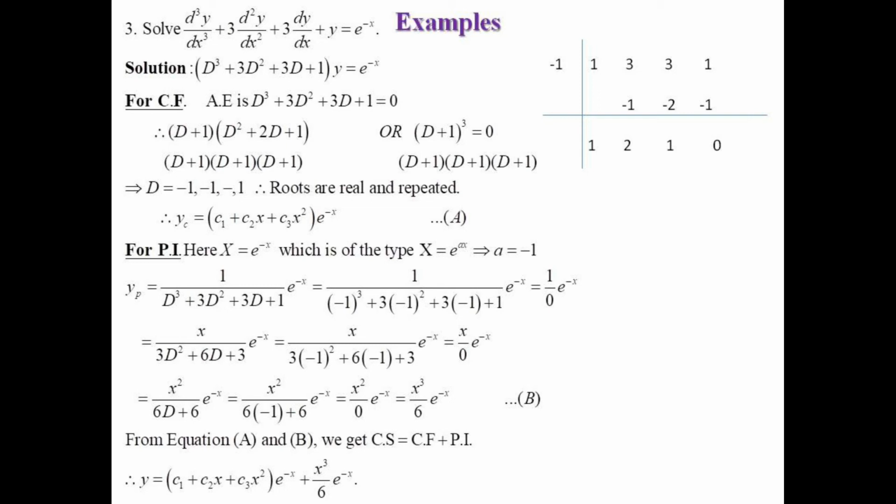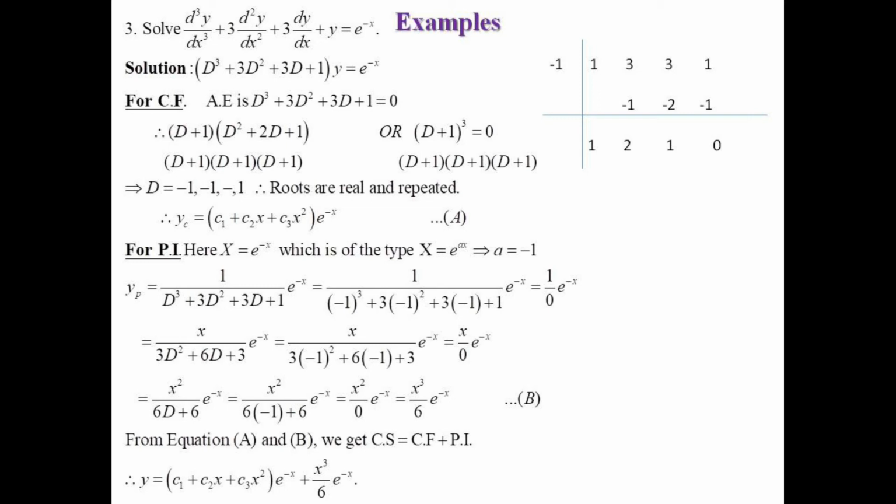So now according to the standard formula for finding the value of the complementary function, the complementary function is c1 plus c2x plus c3x square into e raised to minus x. Let's denote this equation by capital A, which is the complementary function of the given equation. So now the next step is to find the value of the particular integral.